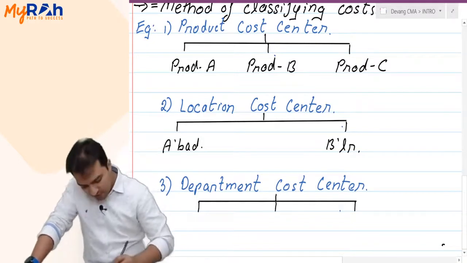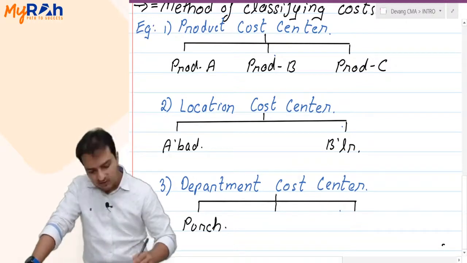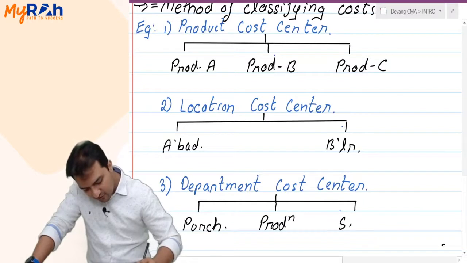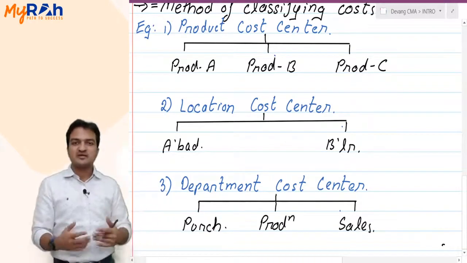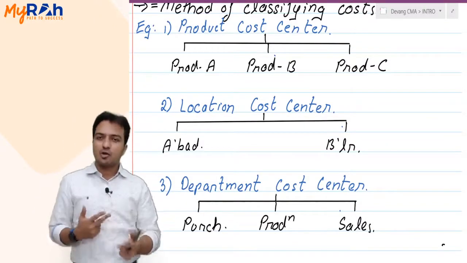I'll separately find cost of, say, purchase department, separately cost of production department, separately cost of sales department, and so on. For every such department I'll make a separate column and find the cost separately. That would become my department cost center.